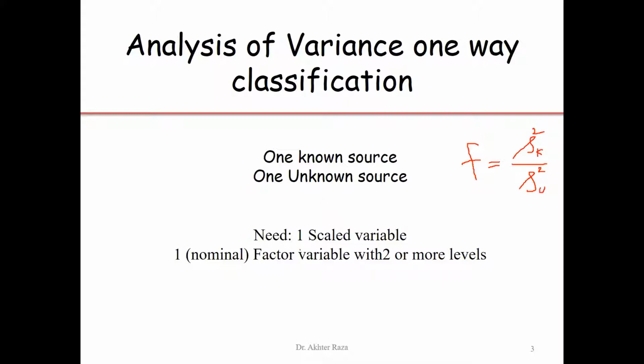To complete one situation, we need one quantitative variable, which is a scaled variable, and one nominal or factor variable with two or more levels. Like in the example I was giving, comparing the average salary in the multiple departments, salary is the dependent variable, which is quantitative in nature, and department is a factor variable, and it has multiple levels.